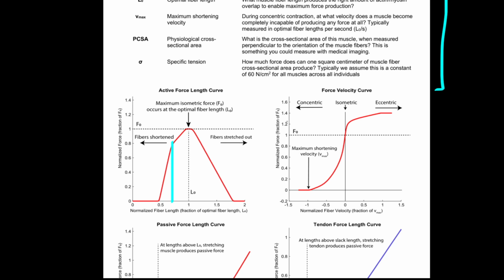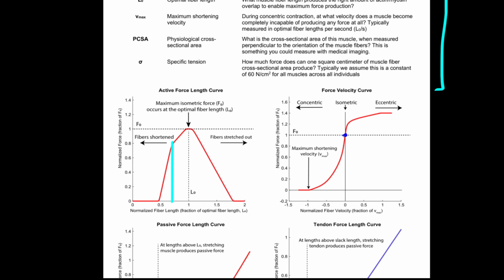Then lastly, over here, we have this force velocity curve. As a reminder, all of this is assuming that the velocity of the muscle is 0. Once we start considering whether the muscle is contracting concentrically like this or eccentrically like this, then its force production capabilities change as a function of the velocity as well as a function of what the length is.